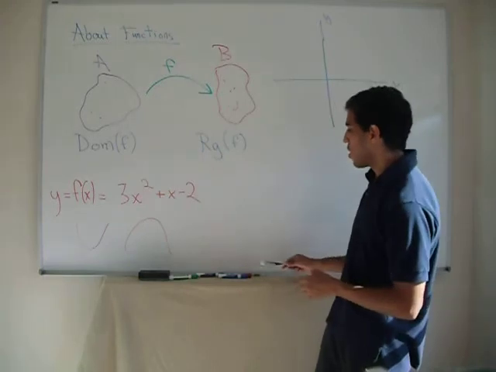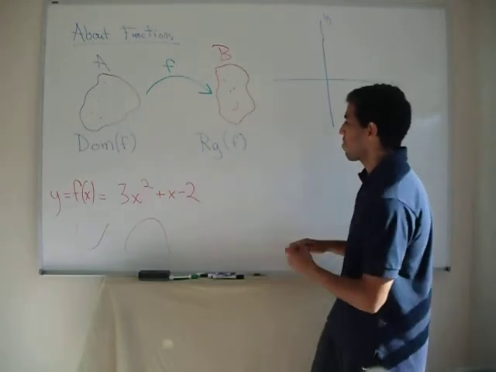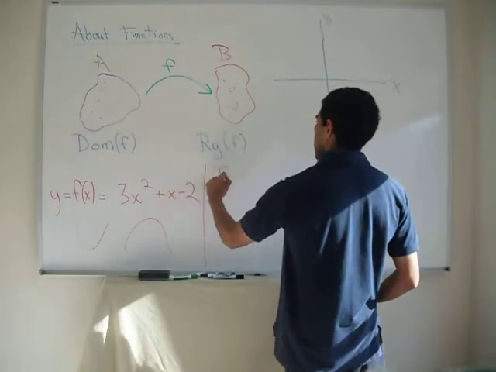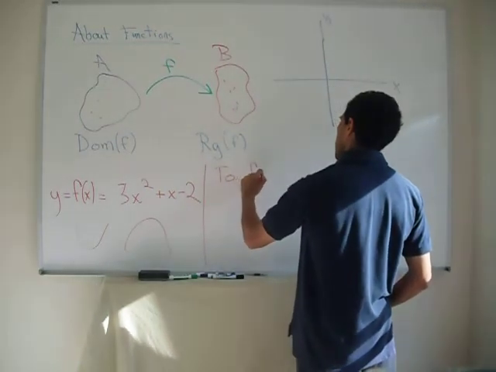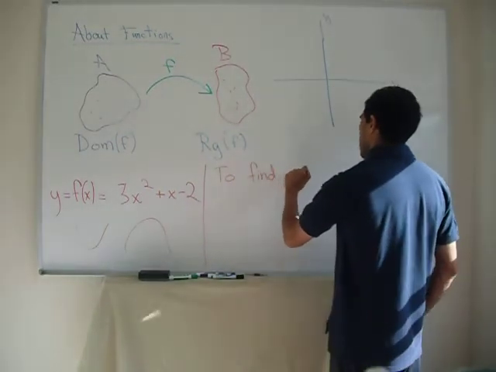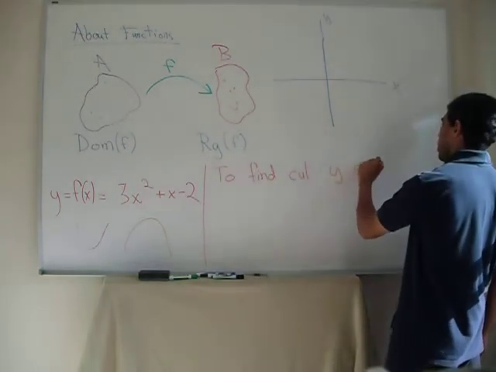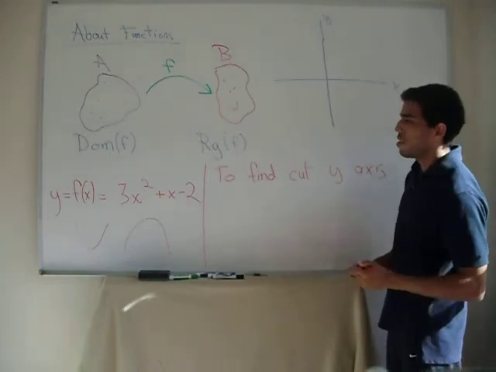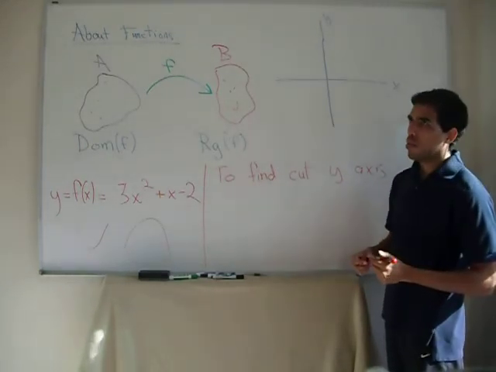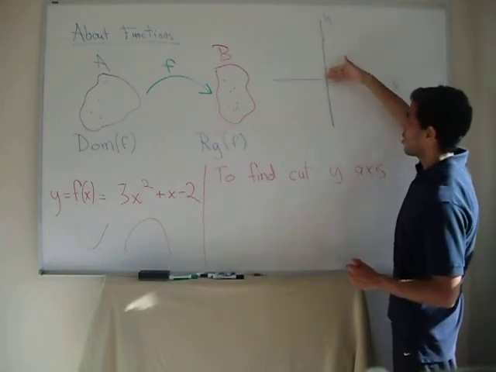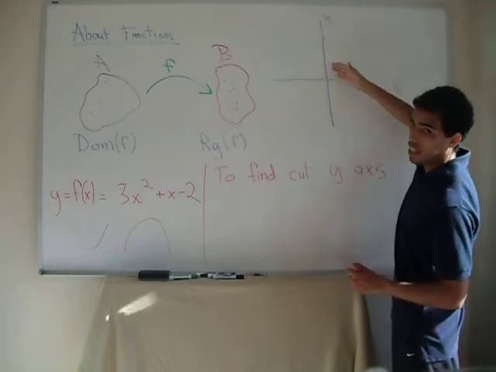To find the cut with the y-axis, all I need to do is make x equal 0. Because if I want to find where the function is cutting this axis, it means that the value of x is 0.